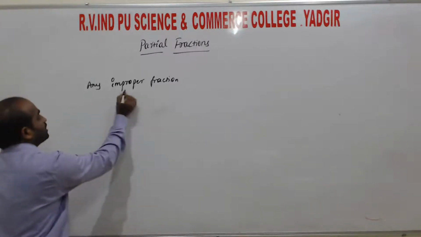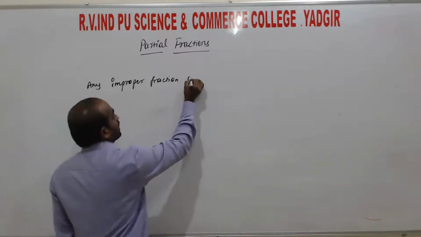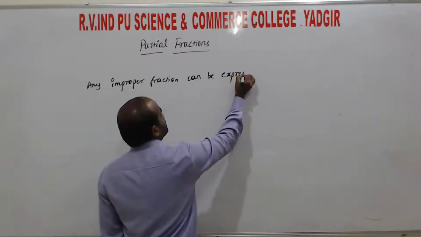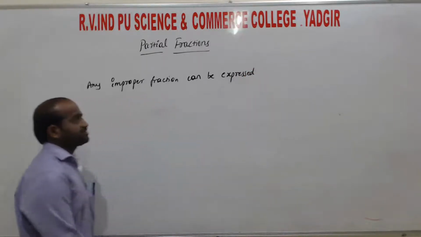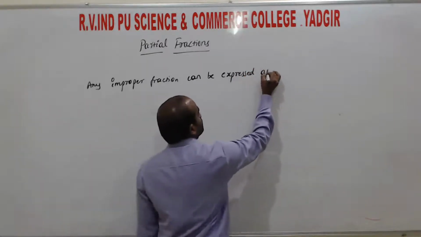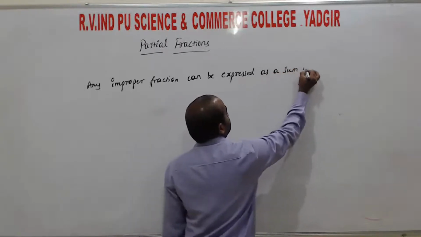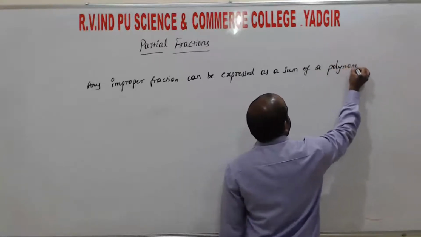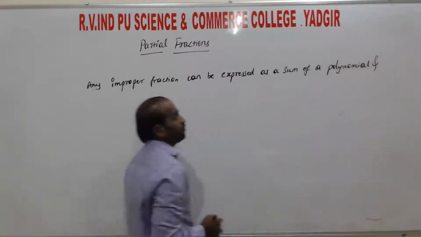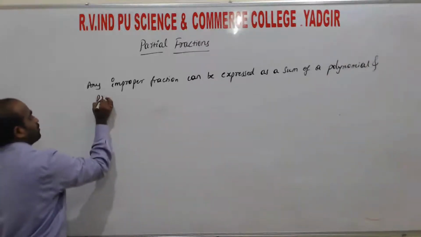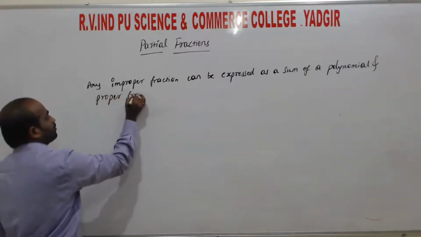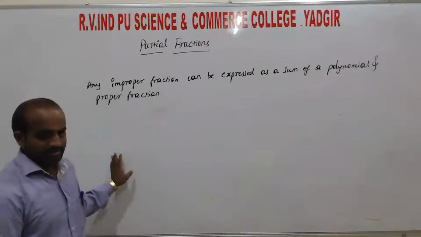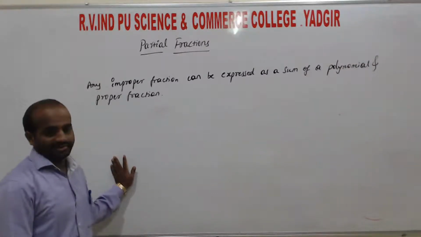This means any improper fraction can be expressed as a sum of a polynomial and a proper fraction by using the division method.